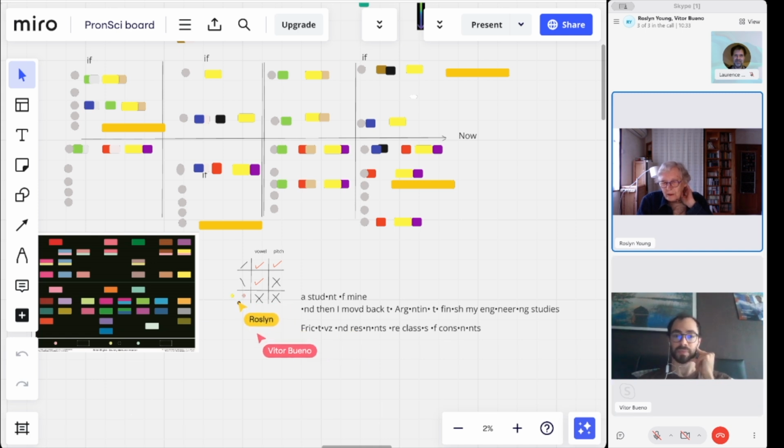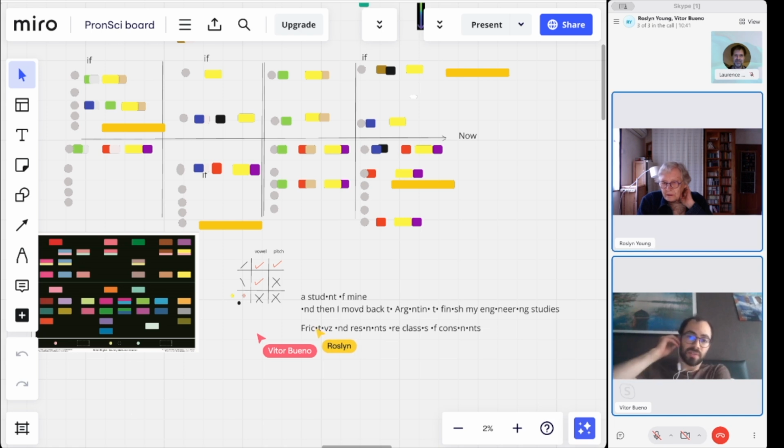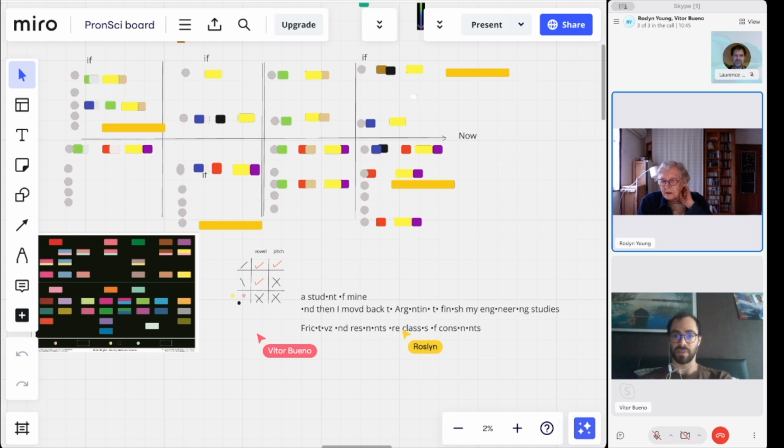For me they're pretty much all black except this one. Fricatives and resonance are classes of consonants. Right? And the fricatives, that one could be pink. If you're going a little bit faster, it would be black all the way.